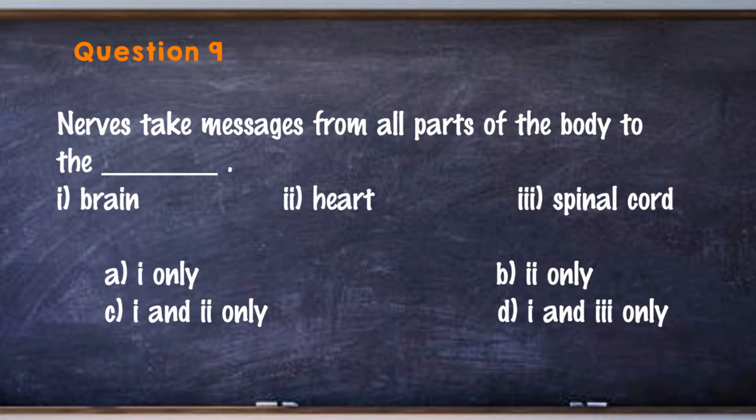Question 9. Nerves take messages from all parts of the body to the number 1, brain, number 2, heart, number 3, spinal cord. Now this question is a bit tricky, so let me give you a brief explanation of the functions of the nerves, okay?